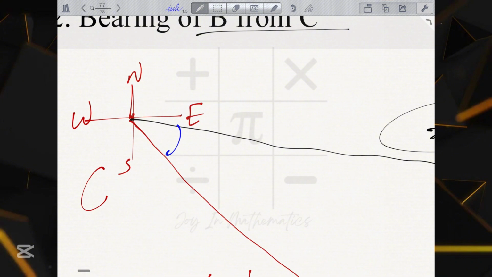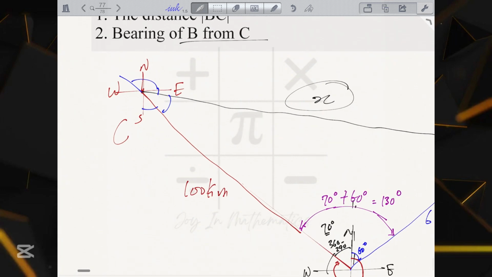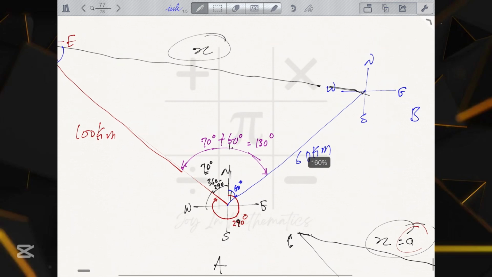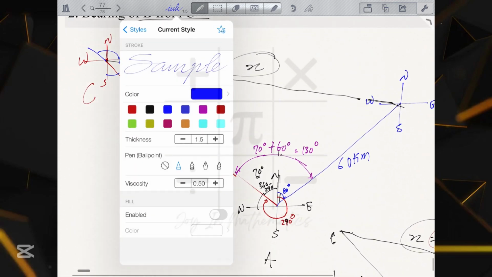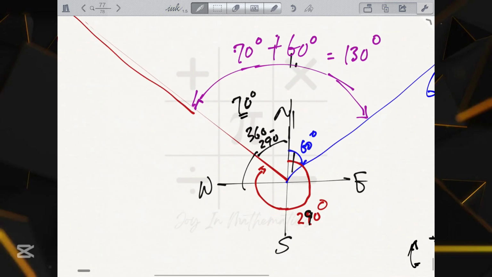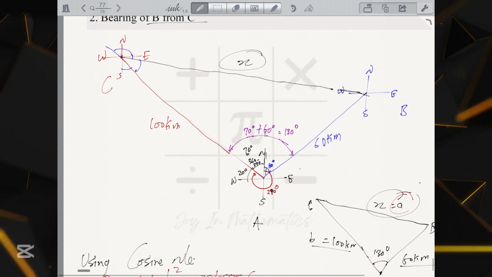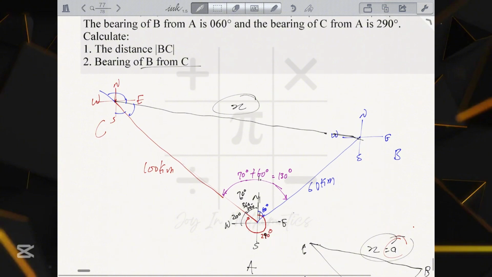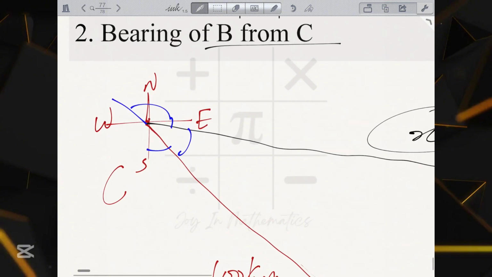We can also have an angle here, likewise an angle in this direction. If we look at this analogy now, this is 20 degrees, and this is 70 degrees. You can come to terms that this angle here at this point is 70 degrees.